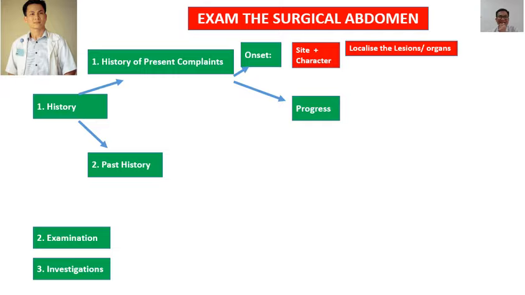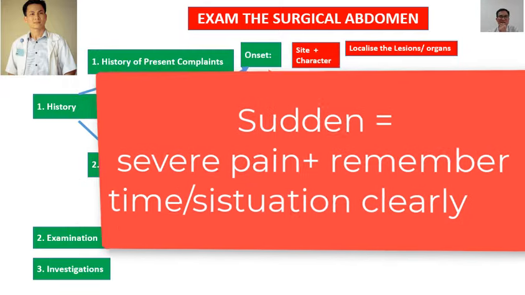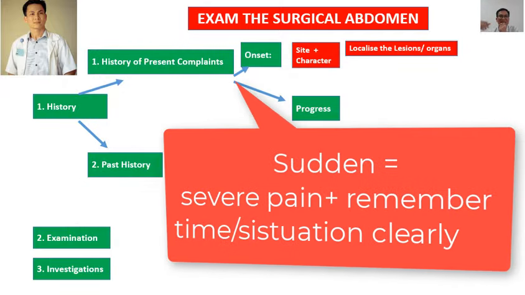A key indicator is the patient's ability to recall the exact moment when the first symptom appeared. Patients with a surgical abdomen often remember the precise time and situation when the pain or other symptoms began.